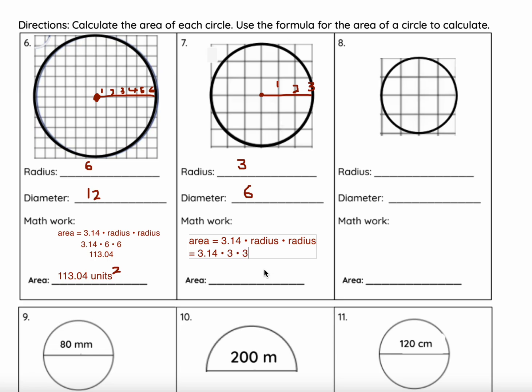And when I put that in my calculator, 3.14 times 3 times 3 is equal to 28.26. So my area will be 28.26 units squared, as always. Now the next problem is the same, so I'll let you try that one on your own.